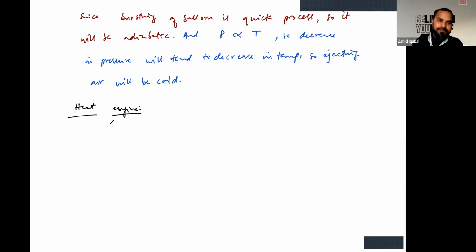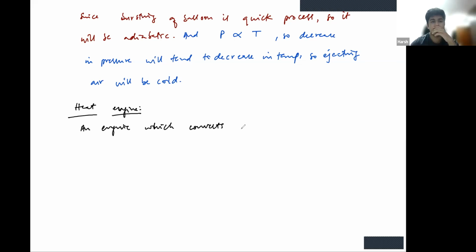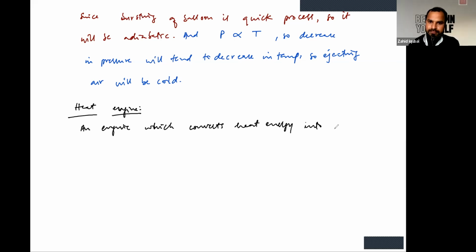Is it clear? Yes, sir. An engine which converts heat energy into useful mechanical energy.